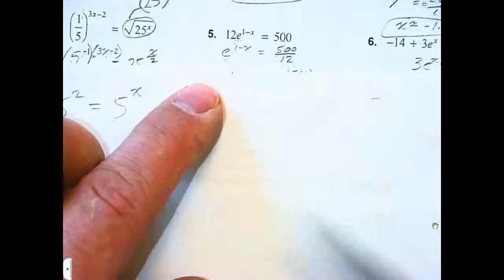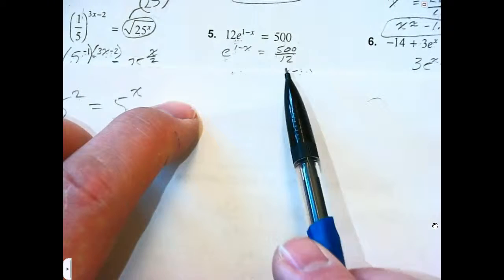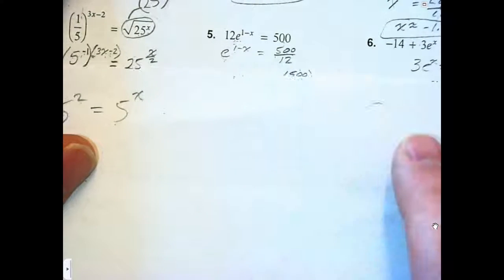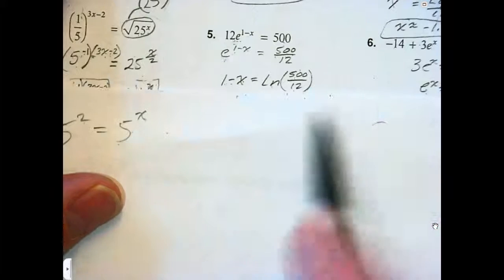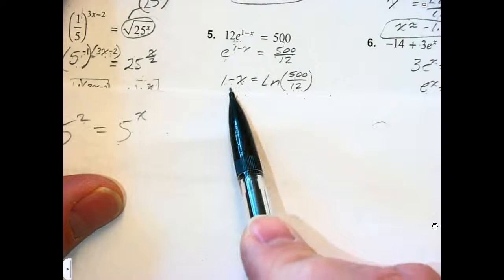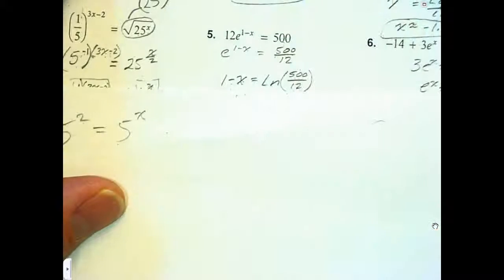Now, are they the same base? No. Okay, can I make them the same base? No. So at that point, I need to write it in log form. I'm going to bring this over. That is the natural log of 512 is equal to 1 minus x.